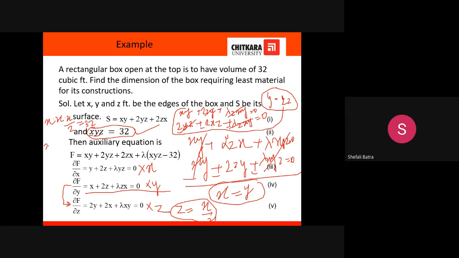So x cubed is equal to 64 and therefore x would be 4. X is equal to 4, then y would be 4 and then z would be 2. Right? You need the dimension of the box. Find the dimension of the box. It means you need to find x, y, z, and you have evaluated x is 4, y is 4 and z is 2.